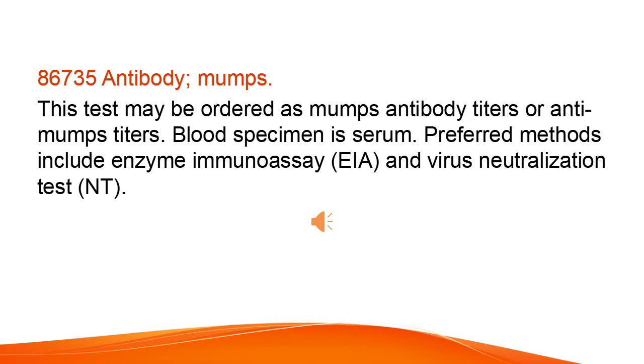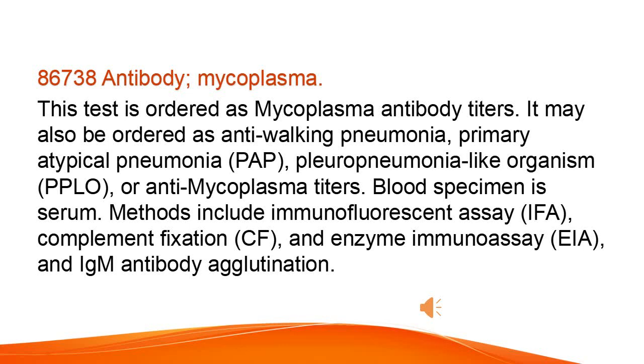Antibody, mumps. This test may be ordered as mumps antibody titers or anti-mumps titers. Blood specimen is serum. Preferred methods include enzyme immunoassay, EIA, and virus neutralization test, NT. Antibody, mycoplasma.